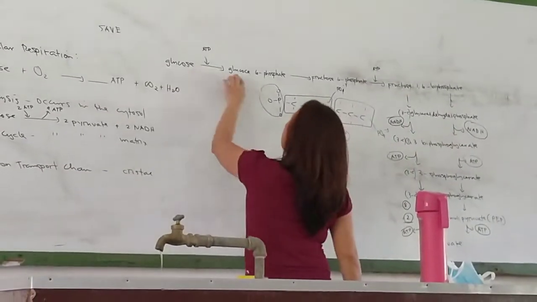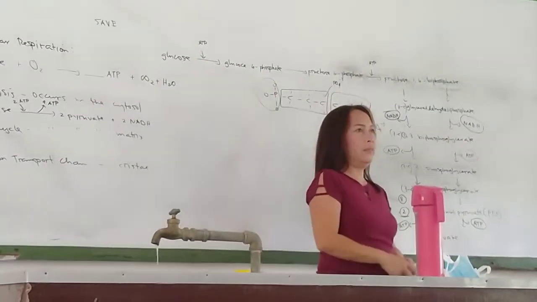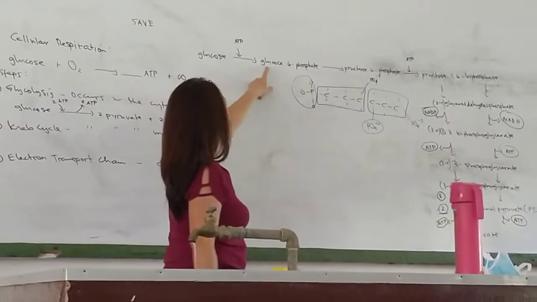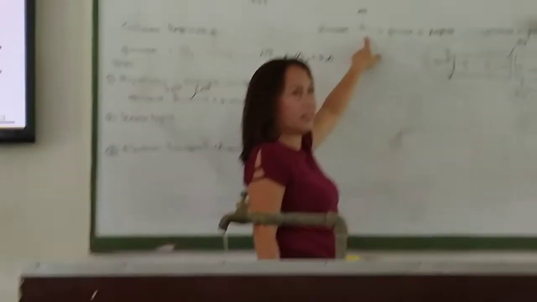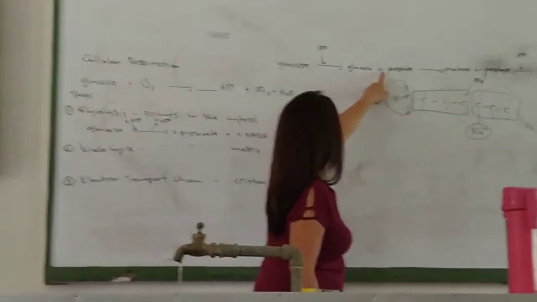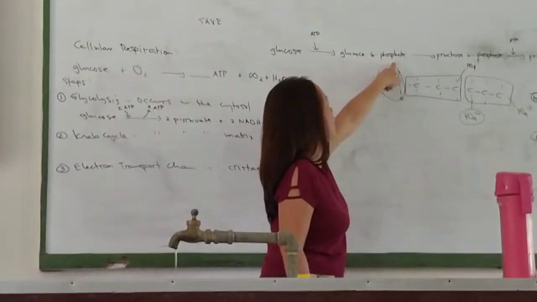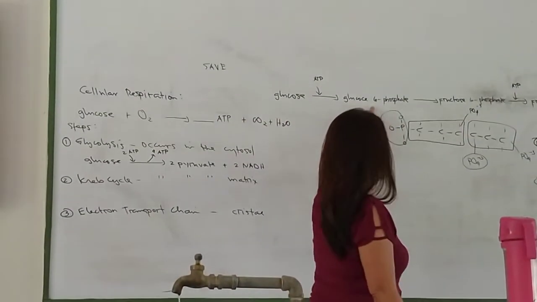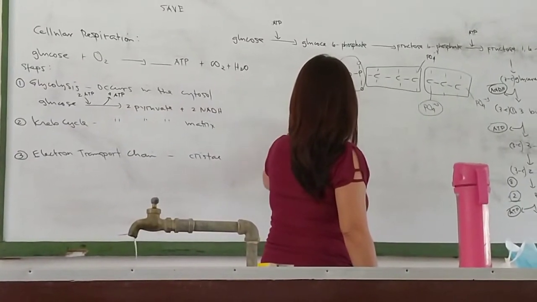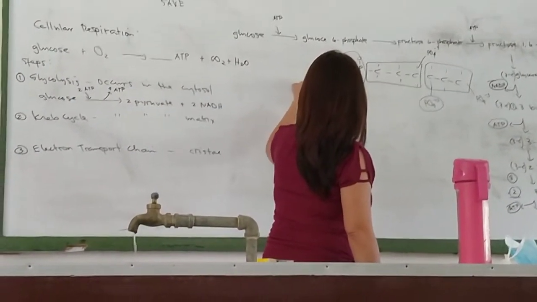Now, glucose is phosphorylated. The enzyme that participates in the phosphorylation of glucose is the hexokinase or glucokinase. Now, during the process, what donates this phosphate here? The phosphate is donated on the 6th carbon. Say if this is our glucose, CH2OH.